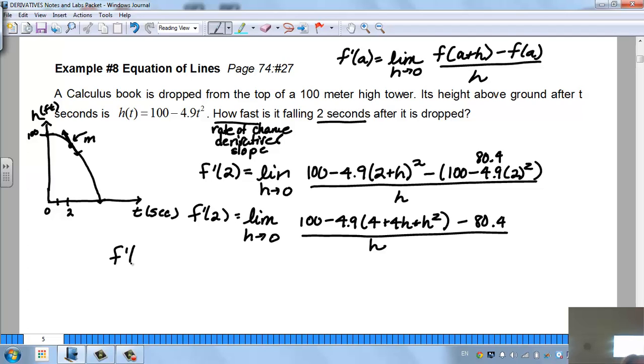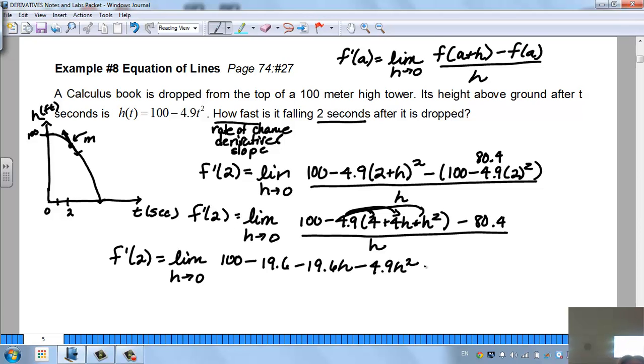So I have f prime of 2 is the limit as h approaches 0 of 100 minus, and then we do the distributive property, 19.6 minus 19.6h minus 4.9h squared minus 80.4 all over h.